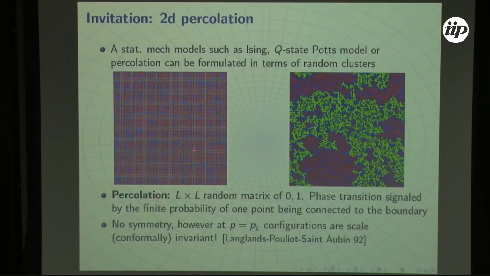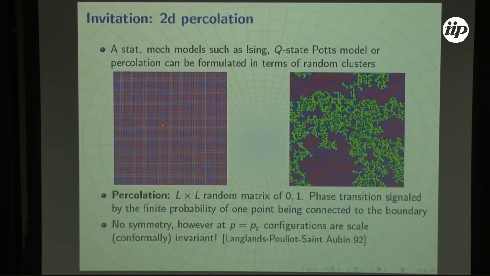But it turns out that there is a threshold value for P, which is model dependent, depending on whether the percolation problem is formulated on a square lattice or a triangular lattice, or is site or bond percolation. For P larger than PC, there is a finite probability for a point in the bulk to be connected to the boundary of this domain.